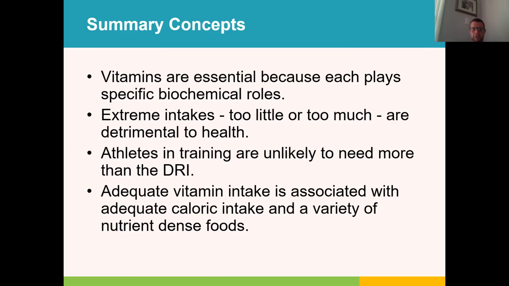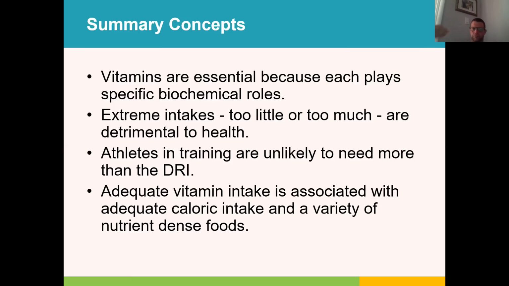So again, in summary, vitamins are essential because each plays different roles, and intakes matter: either too little or too much. B vitamins and vitamin C and all that, because they're water soluble, are kind of hard to take in too much of. You'd have to supplement quite a bit.